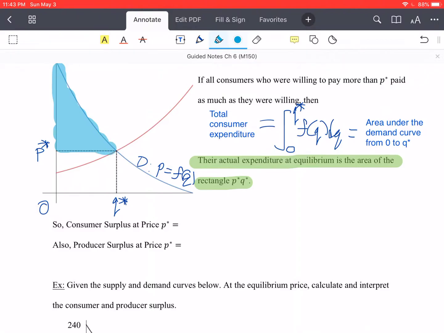So it's all that area up there. So this whole area is our consumer surplus.